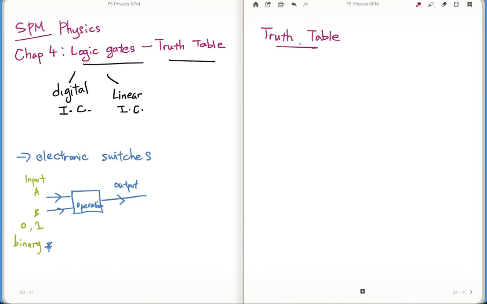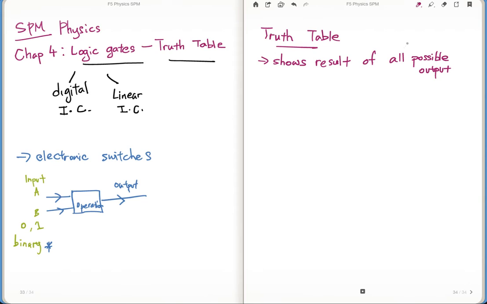You may use my video to make your own notes, and it helps you during your reading. A truth table shows the results of all possible outputs.